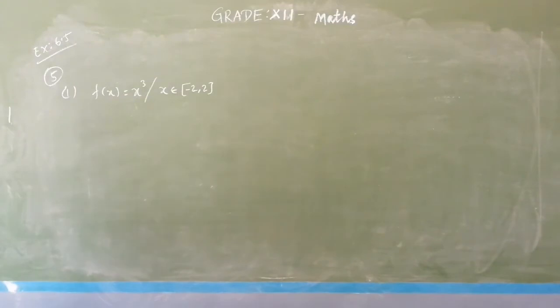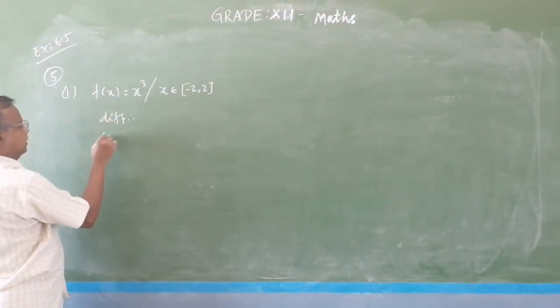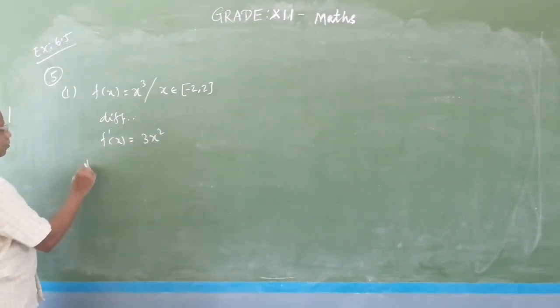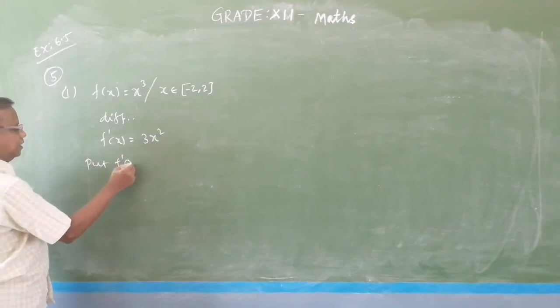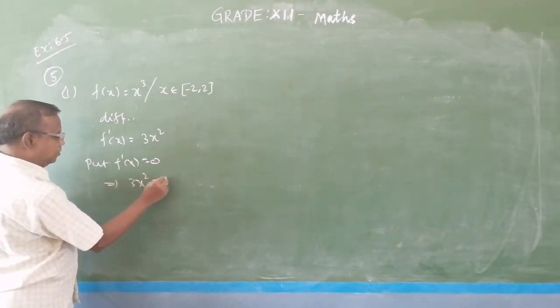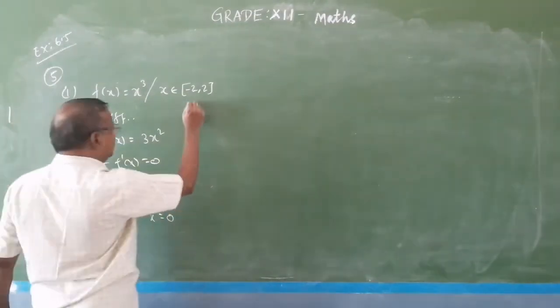I told you we have to differentiate once. Differentiating, f dash of x equal to 3x square. Put f dash of x equal to 0 for critical number. So 3x square equal to 0, so x square equal to 0, which gives x equal to 0 twice.